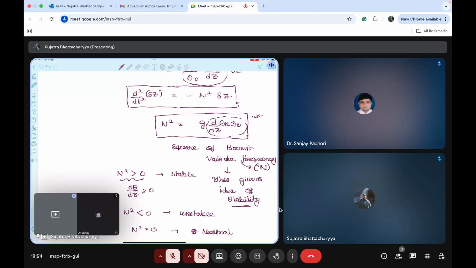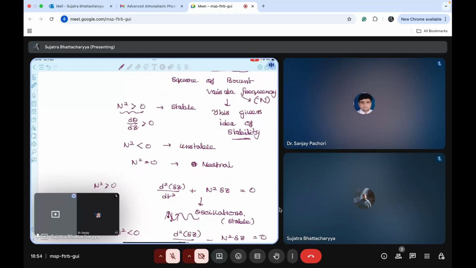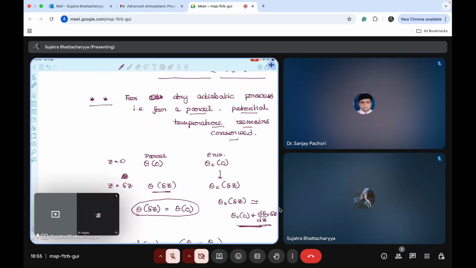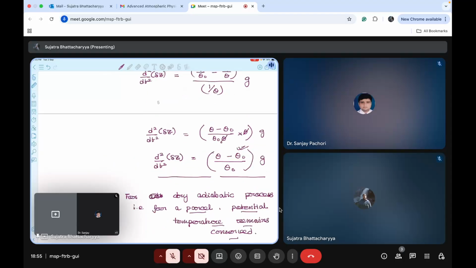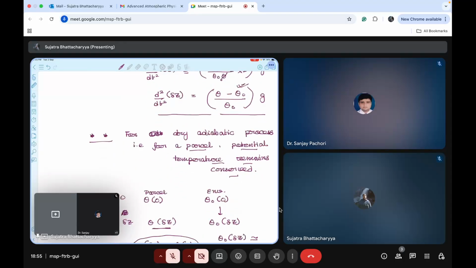So what we have seen so far is that the Brunt-Weisshaler frequency gives an idea of the stability of the atmosphere, and we have also seen that the increase or decrease of the potential temperature with height, particularly the environmental potential temperature, gives you an idea of the stability. We have seen that in a dry adiabatic process, the potential temperature of a parcel remains constant.